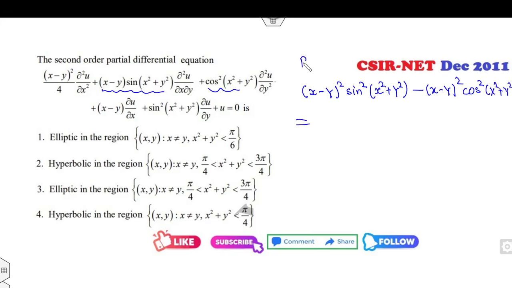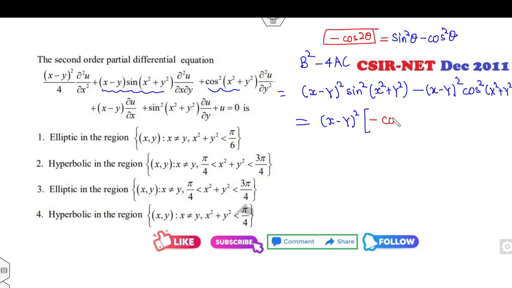So this is my b square minus 4ac. I can take x minus y whole square common. Inside is sine square theta minus cos square theta, so this will be minus cos 2 theta. So I can say minus cos twice of x square plus y square.